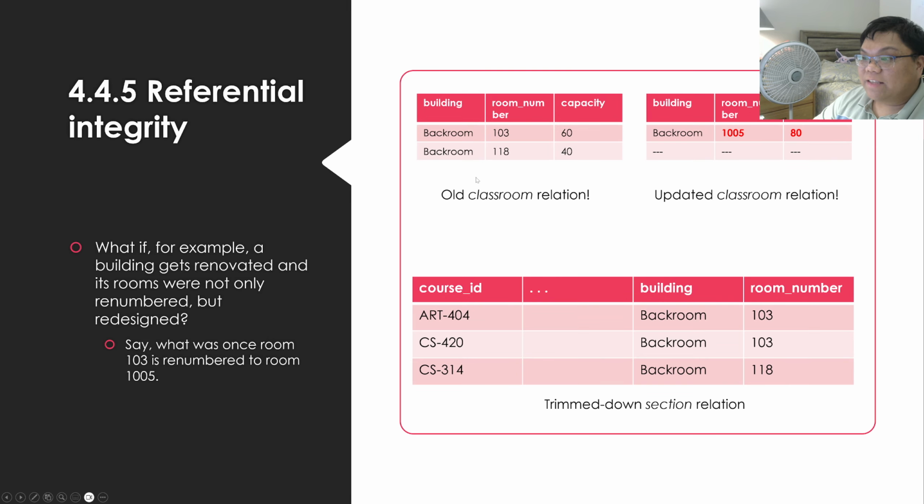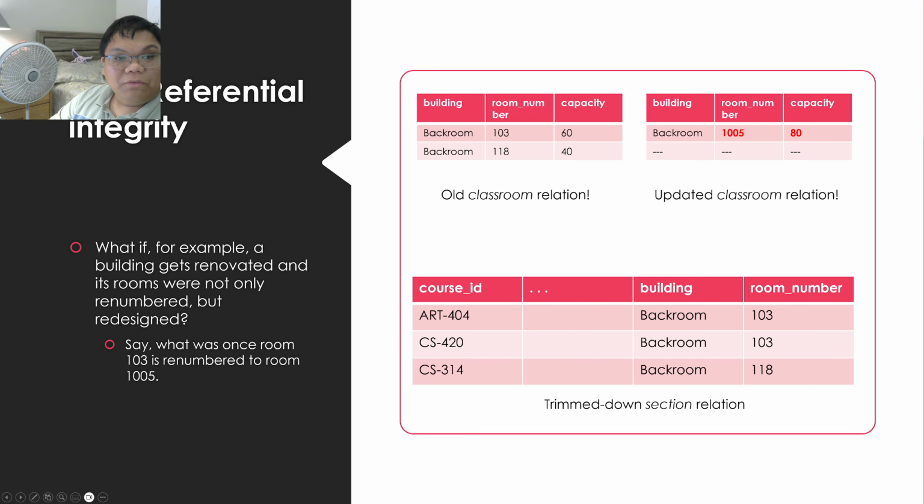Say in our university example, we did a remodeling, and now what used to be backroom 103 is now backroom 1005, and what used to be backroom 118 no longer exists. So here is a table of sections, and they were to take place in the newly remodeled backroom building, and now backroom 103 no longer exists.